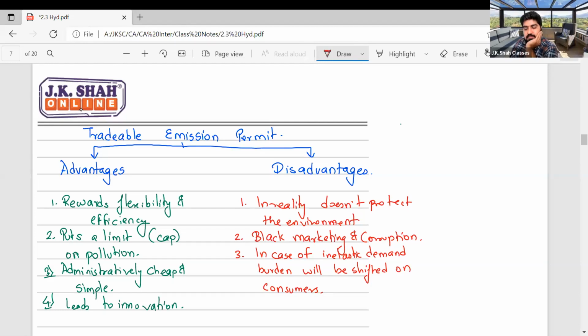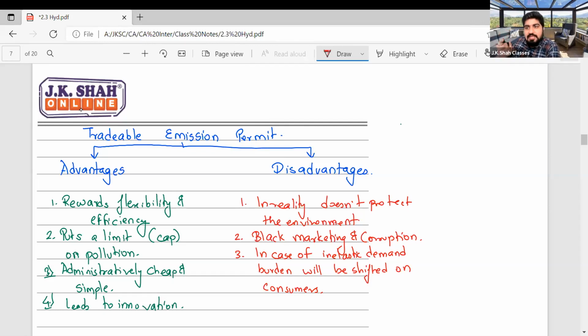Done, friends, everyone? That completes our entire negative externalities: ban, pollution tax, as well as tradable emissions permit. Comfortable till here? No stress?